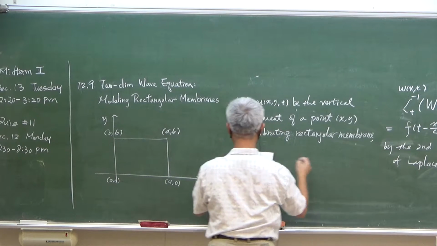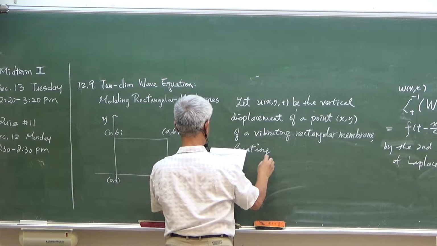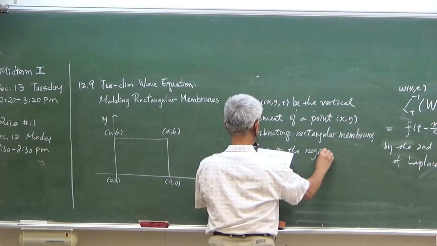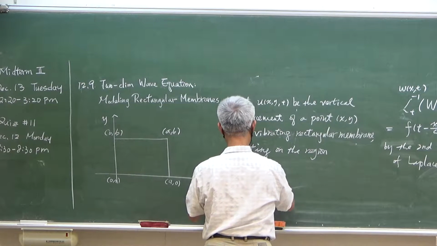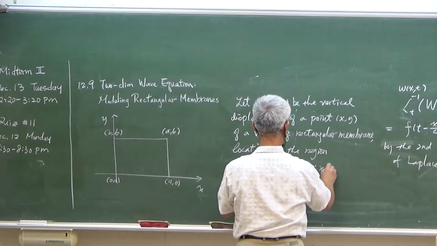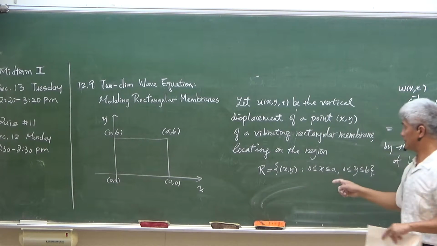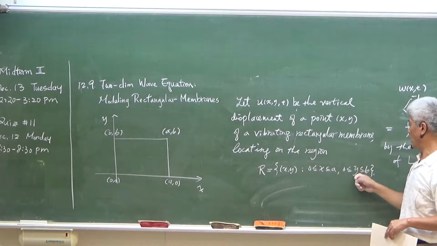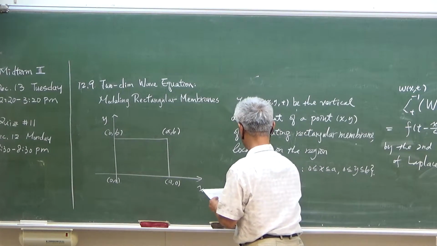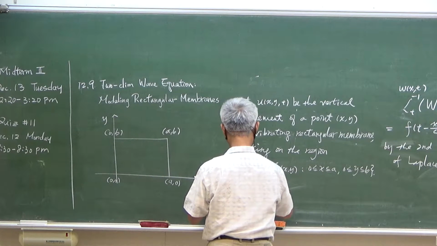This membrane is located on the region, which I will call R. So x extends from 0 to A, and y extends from 0 to B. This rectangular membrane is in the xy plane.